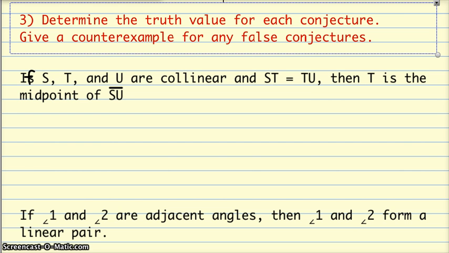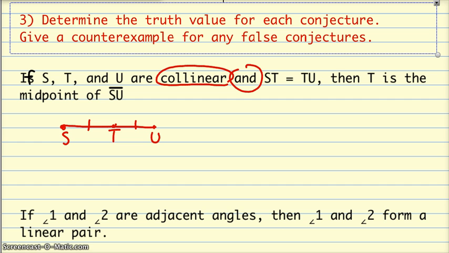In order to do this, because there are quite a bit of letters and vocab, collinear, midpoint, let's draw an example. It says that if S, T, and U are collinear. Collinear means that things lie on the same line. So I'm going to have S, T, and U. If all of them lie on the same line, and it says that S to T equals T to U, meaning these lengths are equal, then T is the midpoint.